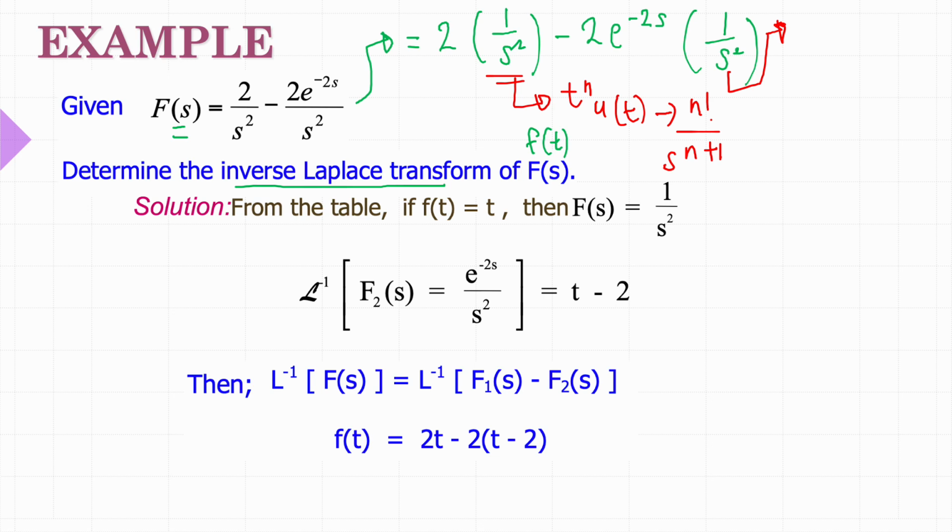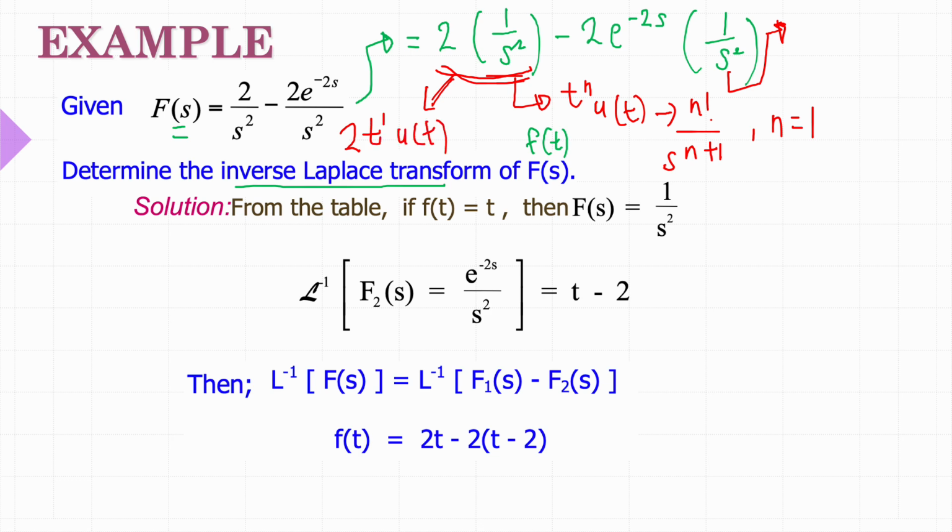In this case, since the value is s squared, therefore we can determine that n is equal to 1. So for this part, in the time domain it's going to be 2t, n equals 1, u(t).